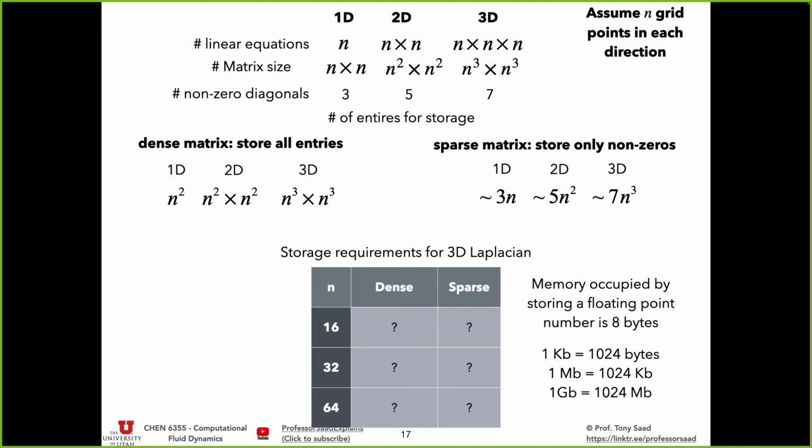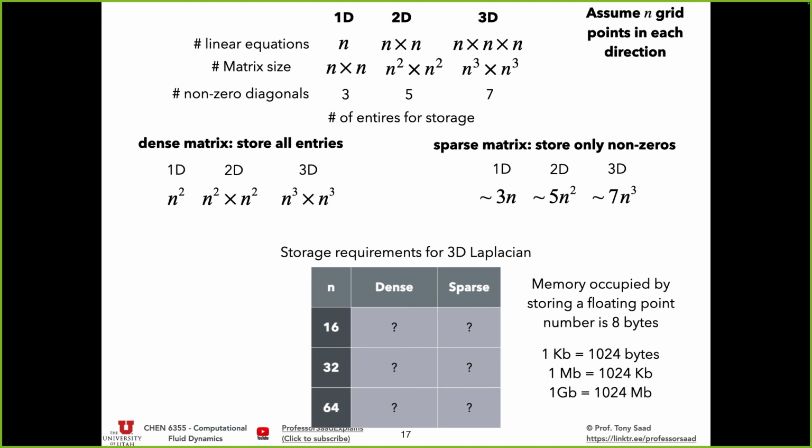Okay, can someone run these numbers for me? Let me grab my marker. 16 gigabytes? That's not right. So for the first one, for n equals 16, what is the number of entries? It's 16 cubed times 16 cubed, and the memory is times 8 bytes, right? So what is that?